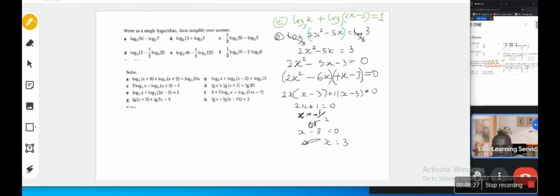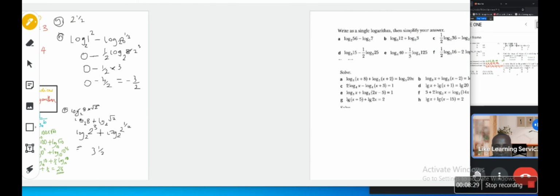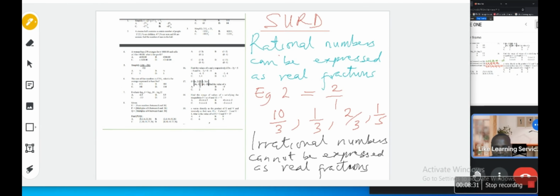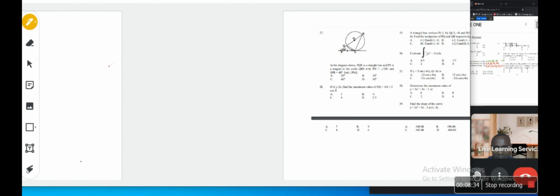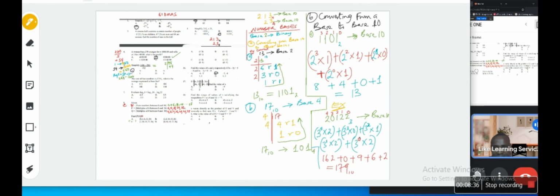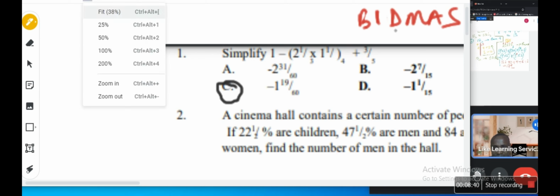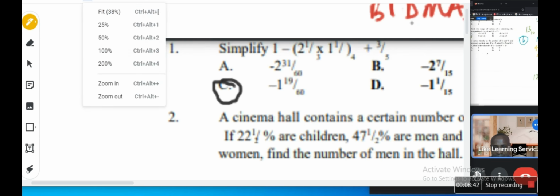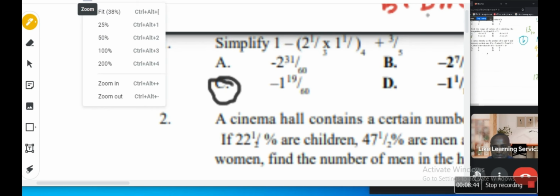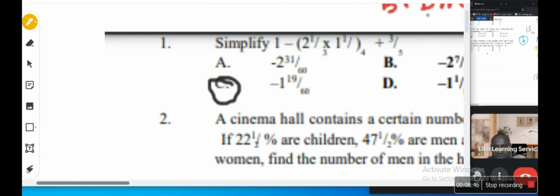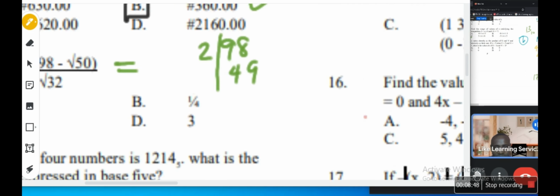Sorry, let me go back there again. Let me zoom in very well so I will be able to see it. Okay, so log in base square root of 2.